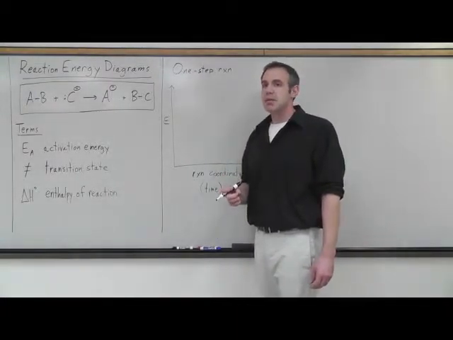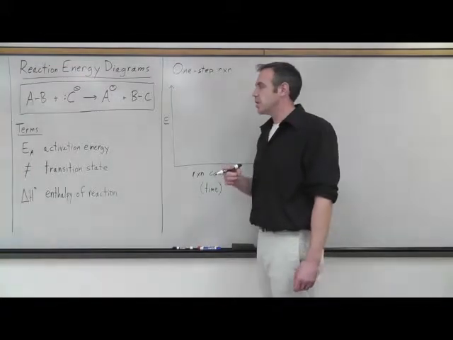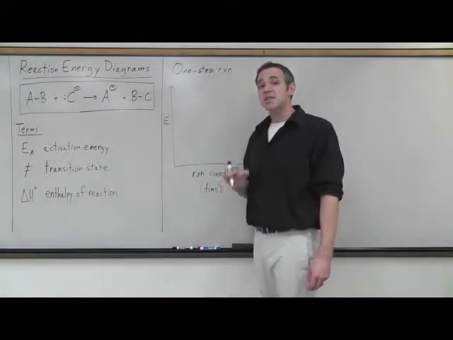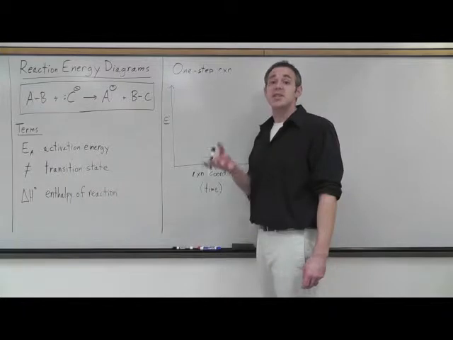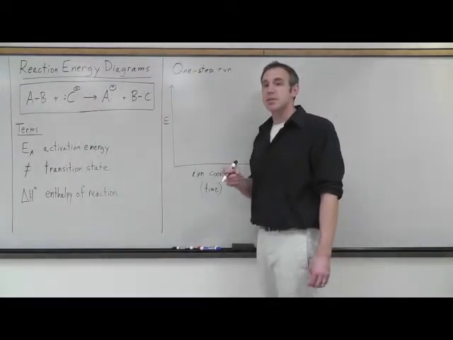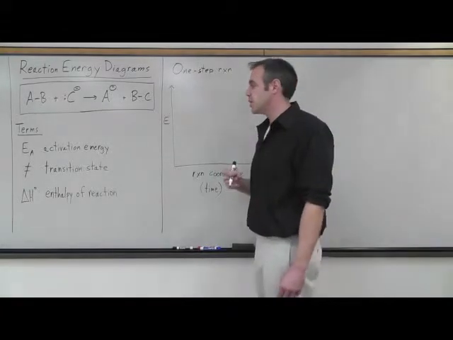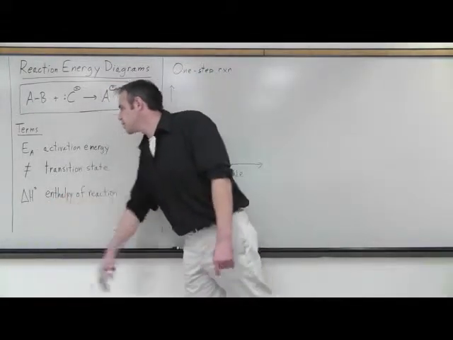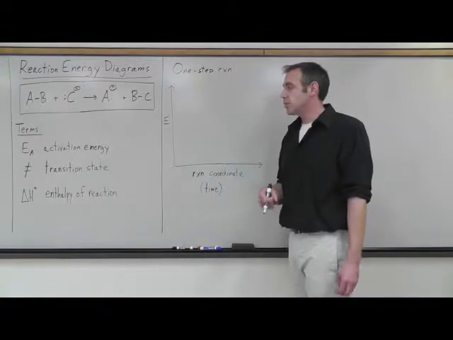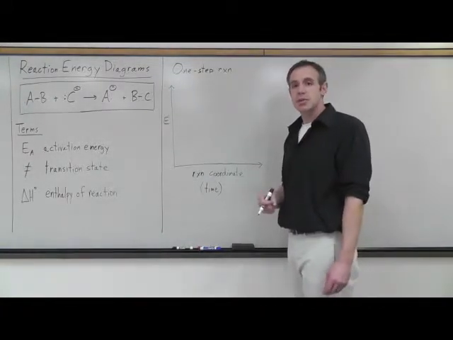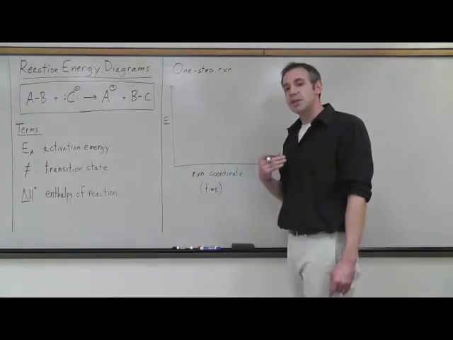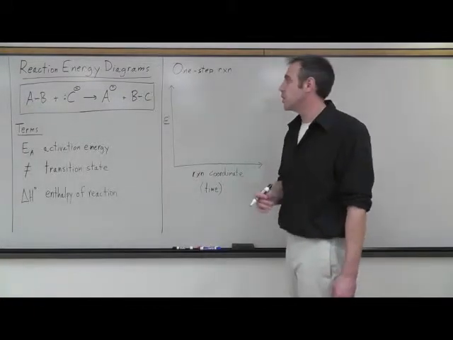This will be the least stable, or highest energy, species that's formed during a reaction, and we'll see where it appears on the energy diagram. And then delta H, which you're familiar with, is the enthalpy of the reaction. We're talking about the energies in making bonds and breaking bonds.